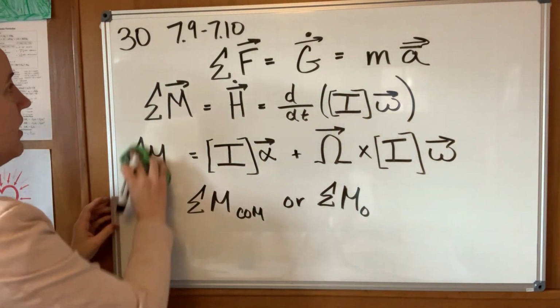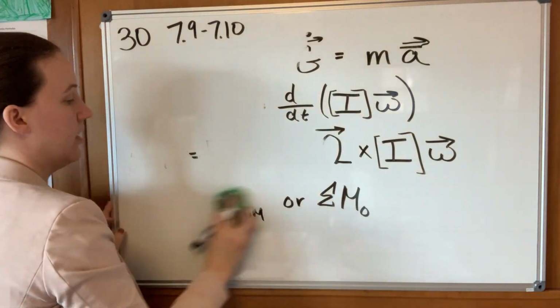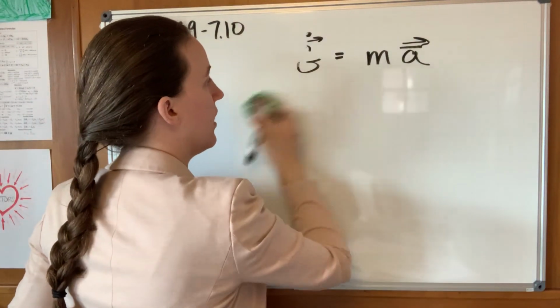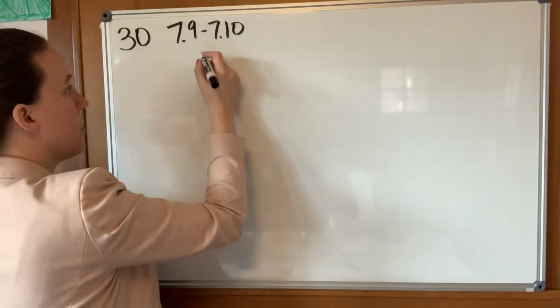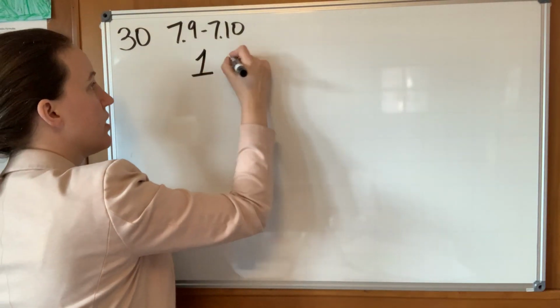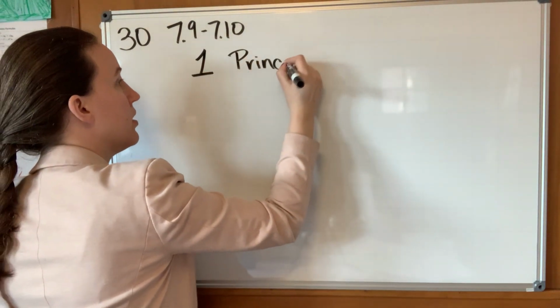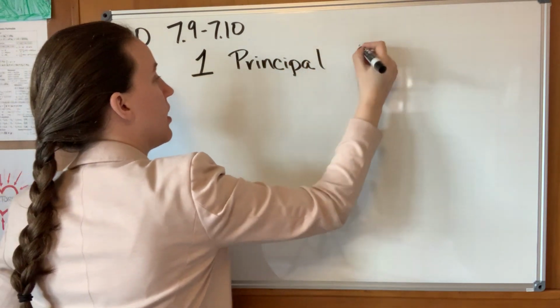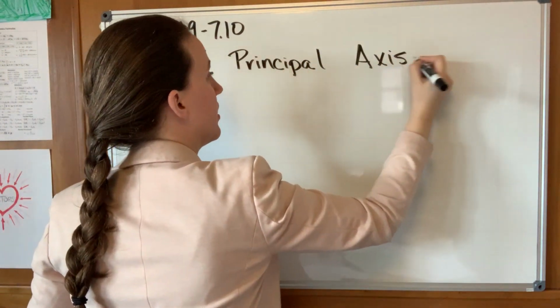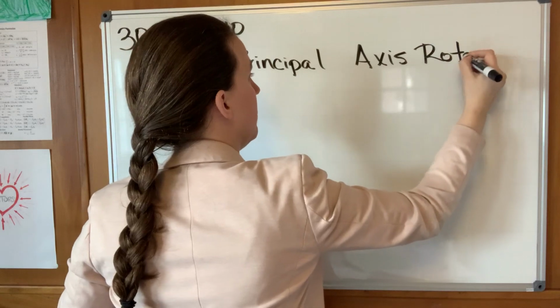So there's 3 special cases. And the first one is called principal axis rotation.